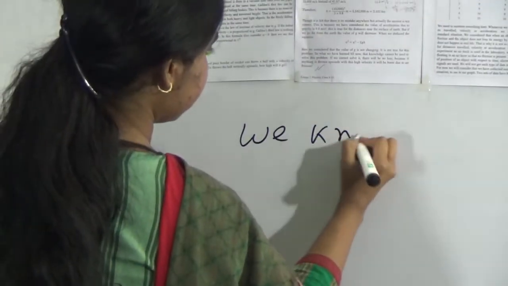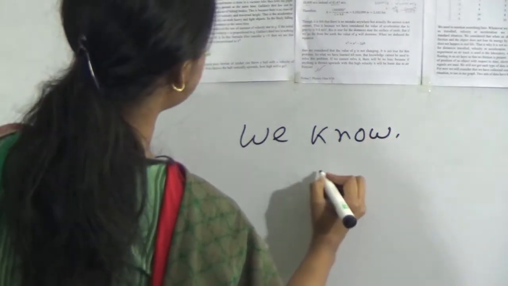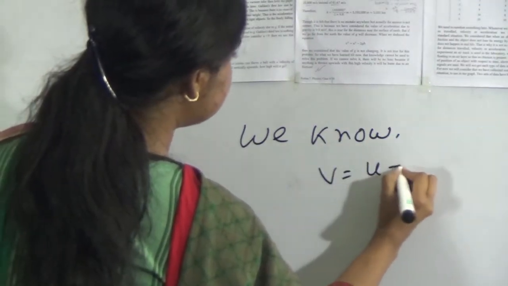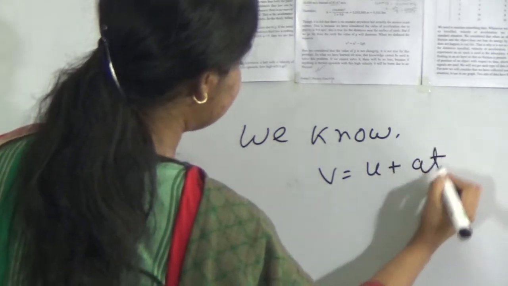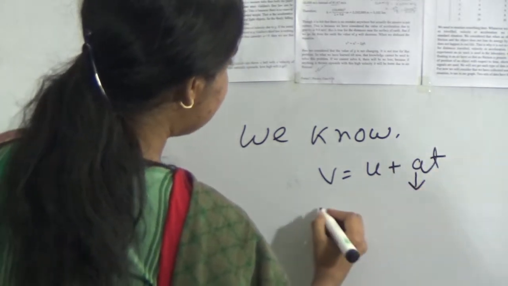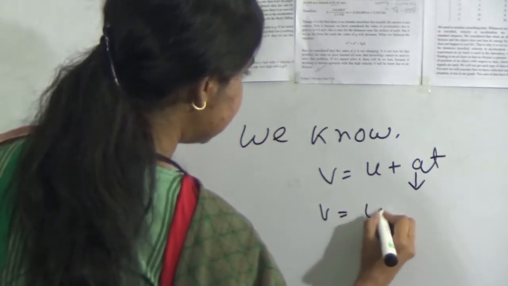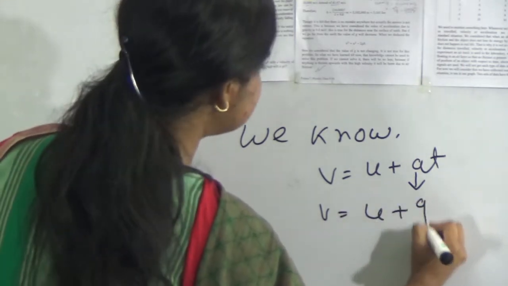We know v equal to u plus at. Here, instead of a, we can write u plus gt.